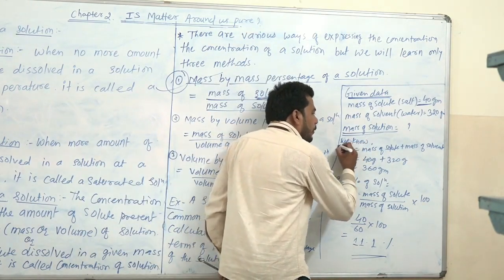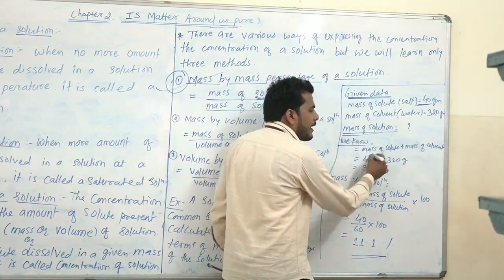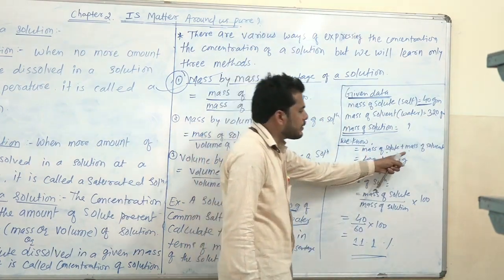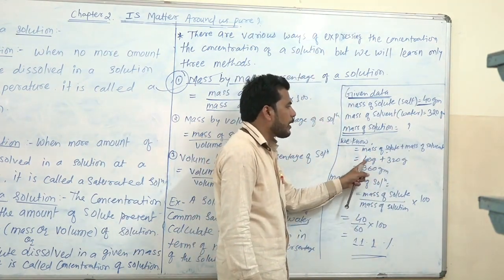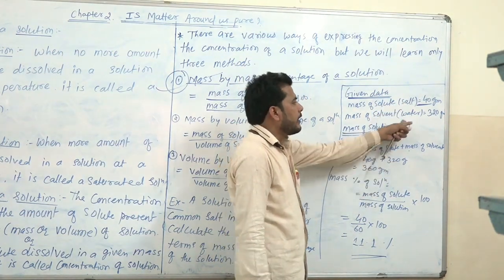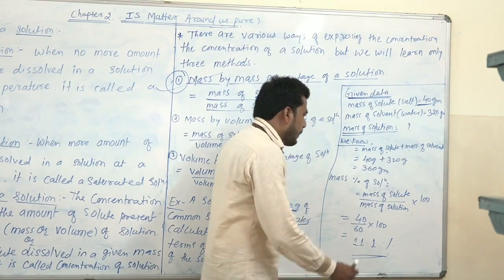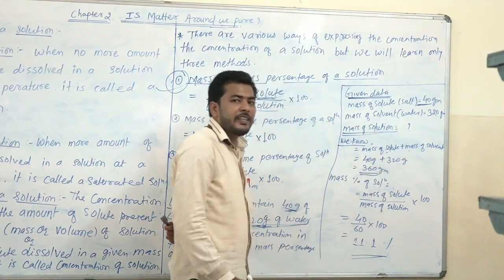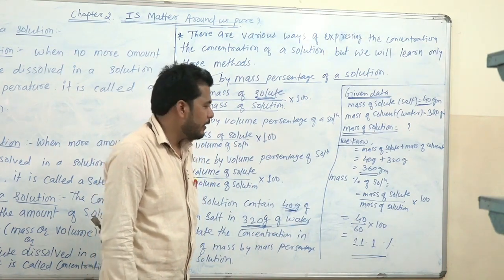Therefore, what we are doing is mass of solute plus mass of solvent. Here 40 gram is the weight of the salt and 320 is the weight of water. So when we add it, we get 360 gram.